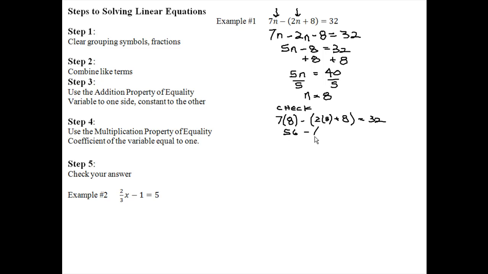That's 56. 8 times 2 is 16 plus 8 would be 24. And then 56 minus 24 is 32. And that's what it was supposed to equal, 32. So it checks out.